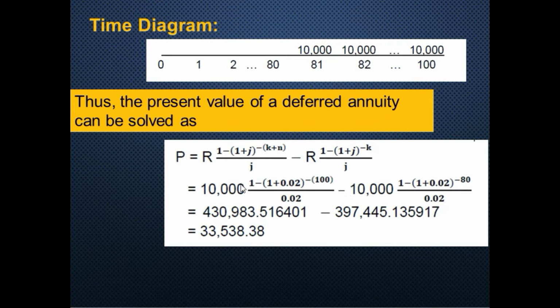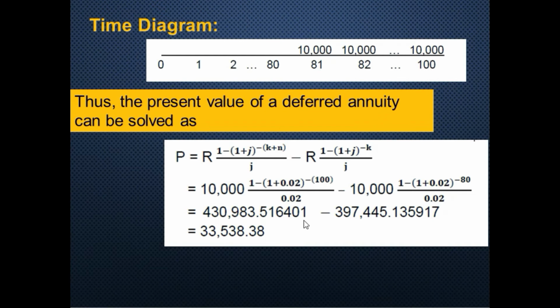We need to simplify first: 1 plus 0.02 raised to the power of negative 100. Then subtract the answer from 1 and divide it by 0.02. Multiply it by 10,000 pesos. Using your calculators, the answer is 430,983 pesos and 516401 centavos.